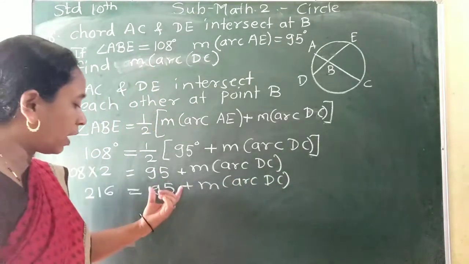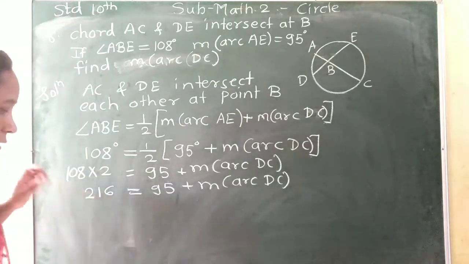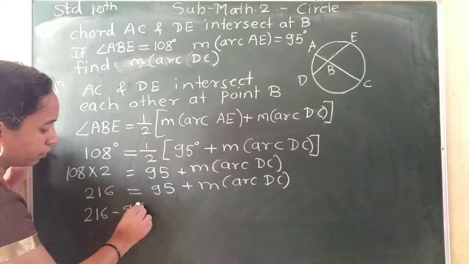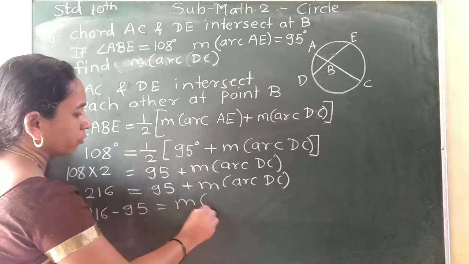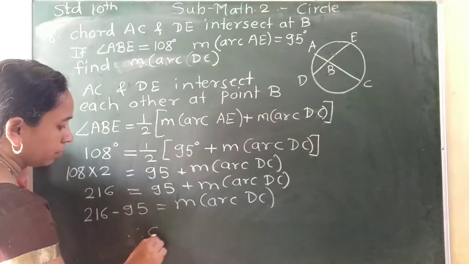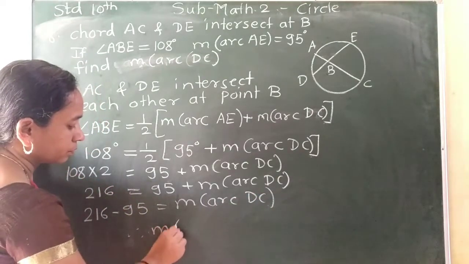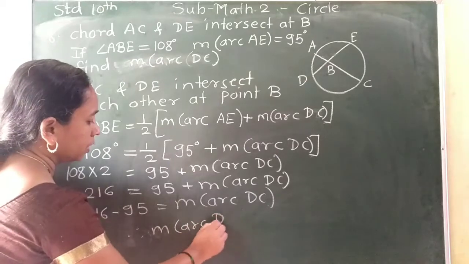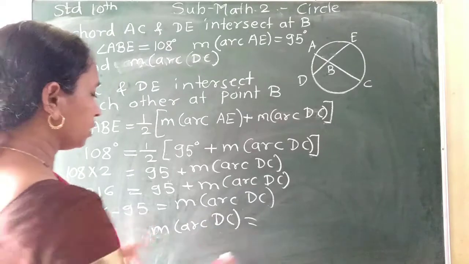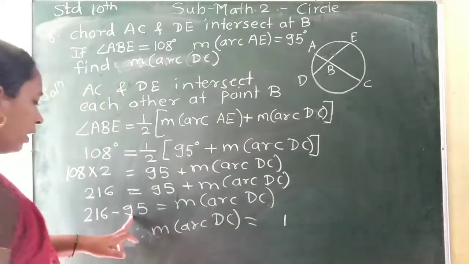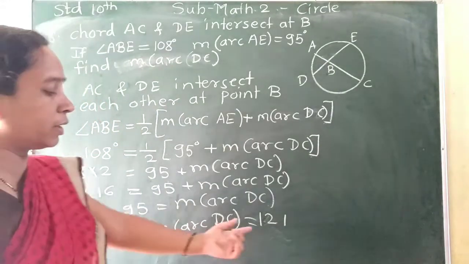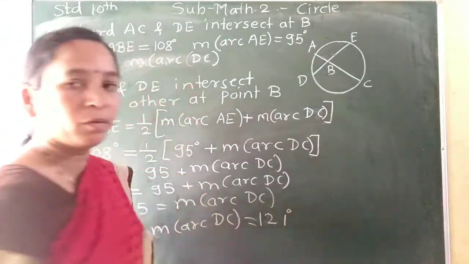The 95 is in addition, so it goes to the other side in subtraction: 216 minus 95. If we subtract, we get the measure of arc DC as 121 degrees.